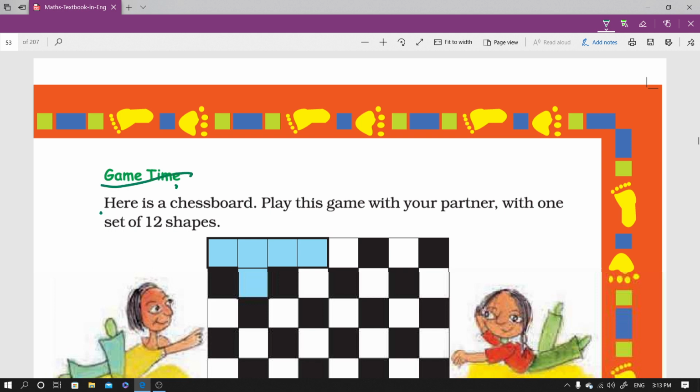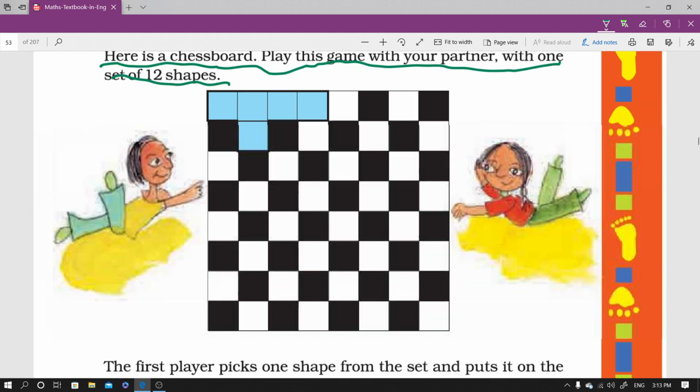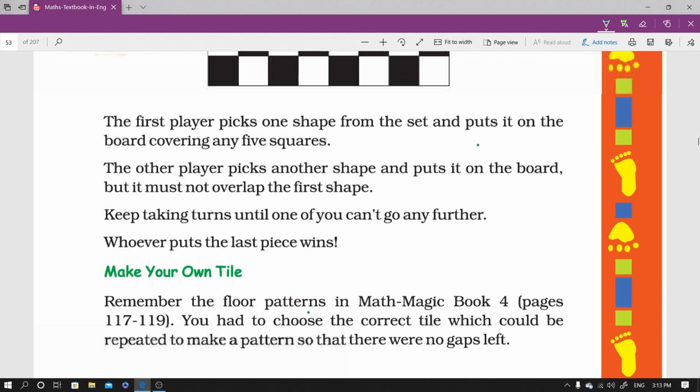Game time. Here is a chessboard. Play this game with your partner with one set of 12 shapes. The first player picks one shape from the sheet and puts it on the board, covering any 5 squares.